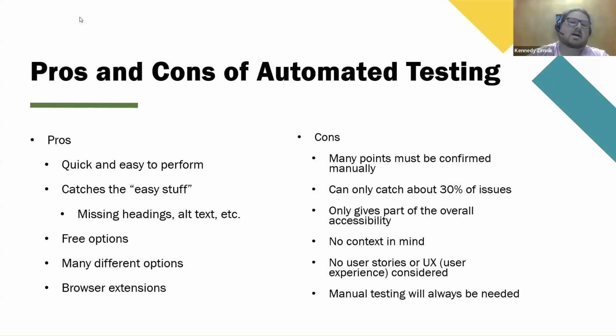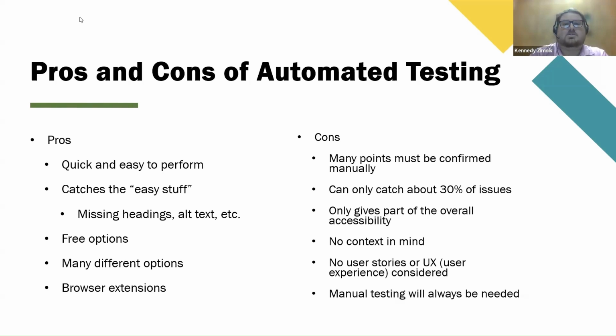And then we have some pros and cons. Pros: they're quick and easy to perform, and they catch the easy stuff, like whether things are there or not. There are free options, a lot of different options, and you can get them right in your browser as a browser extension. Some cons: a lot of the points you have to confirm manually. It only catches about 30% of issues.